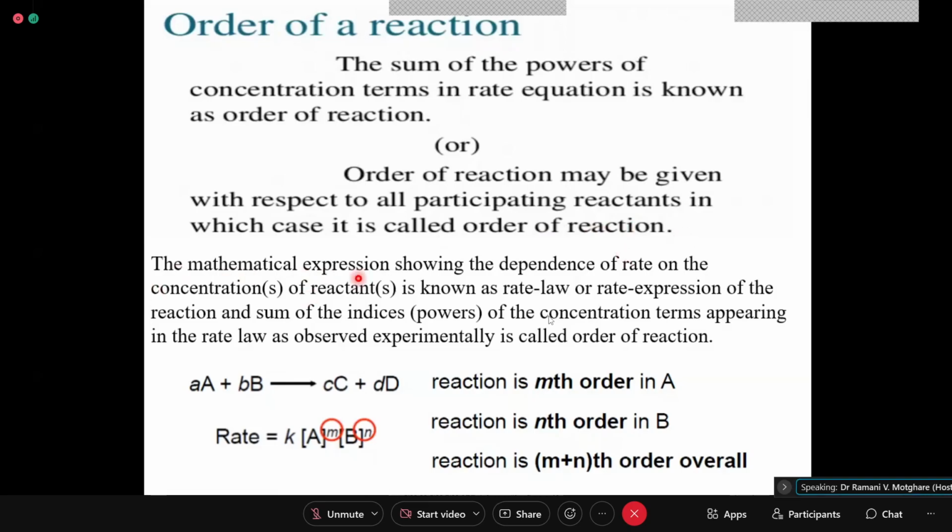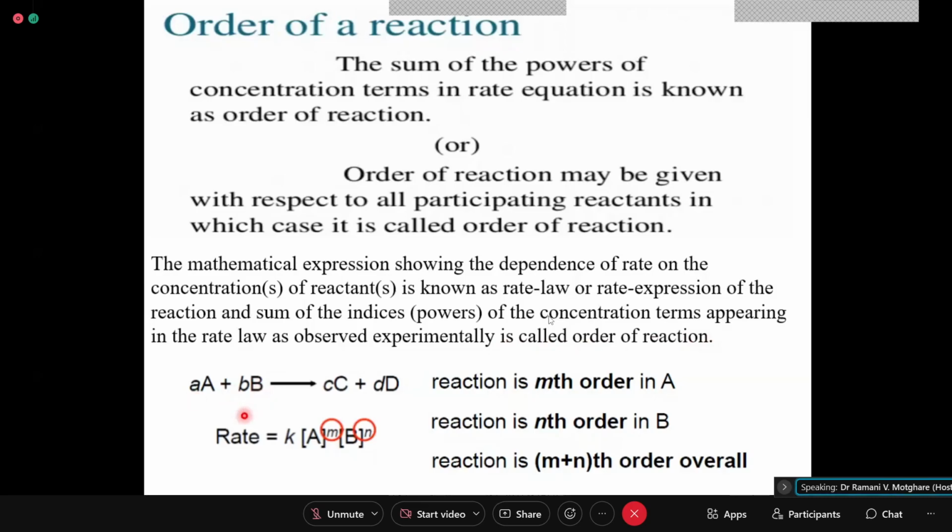The mathematical expression showing the dependence of rate on the concentrations of reactants is known as the rate law or rate expression of the reaction, and the sum of indices, that is the powers of the concentration terms appearing in the rate law as observed experimentally, is called the order of reaction.